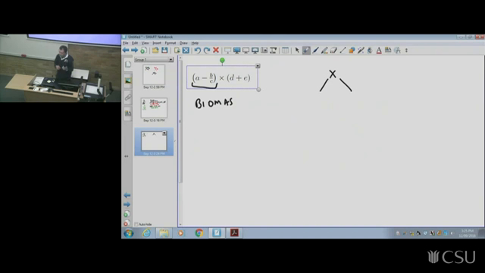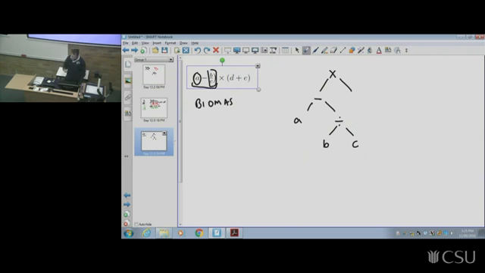The subtraction, because the division has higher precedence. So its left would be A, its right would be B on C. How would you write that down? It's the division operator, dividing B by C.